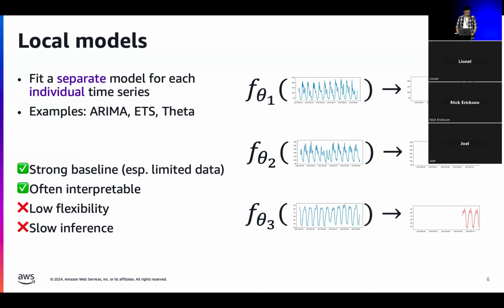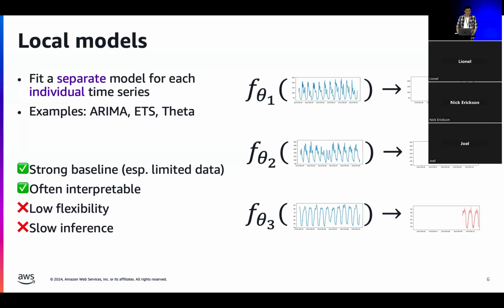So for example, if you want to forecast the sales for 1,000 products in your catalog, you would have to fit 1,000 models. These models are quite simple. They have been used for a very long time, so we understand their limitations and their strengths quite well. Surprisingly, even despite their simplicity, these models happen to be really strong baselines quite often.